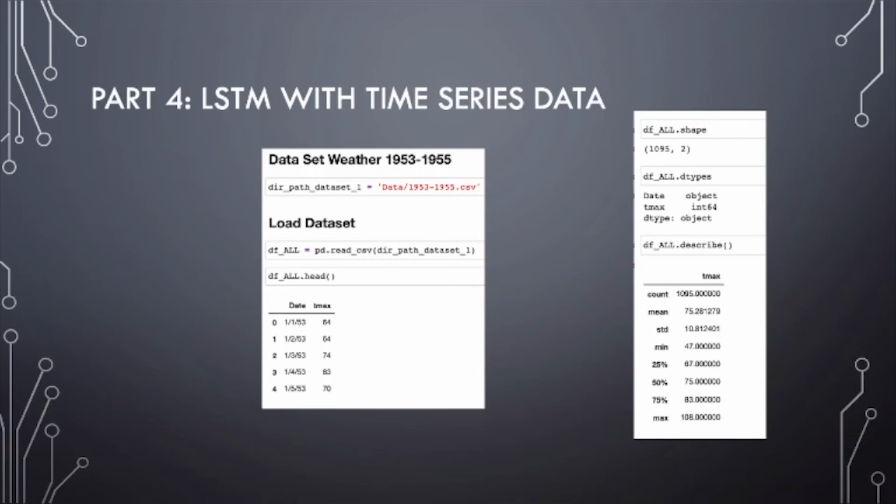I am then going to retrain the model using the whole collected data set and prepare it for forecasting. After that, I will perform the forecasting and then run all the steps to perform my analysis. The data set that I'm going to be using is weather, specifically the high temperatures from 1953 to 1955.